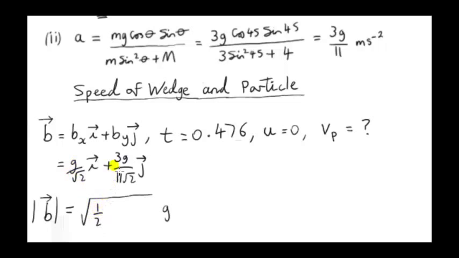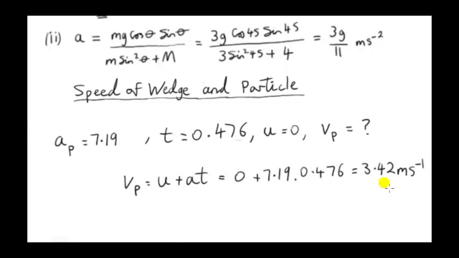Squaring 1 over root 2 gives us a half. Squaring 3 over 11 root 2, that's going to give us 9 over 11 squared times 2. So that's what we want for our acceleration. Alright, so we now have the velocity of the particle at this time, 0.476 seconds. It's 3.42 meters per second.